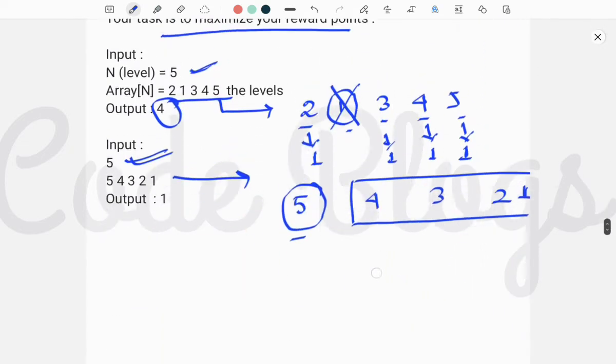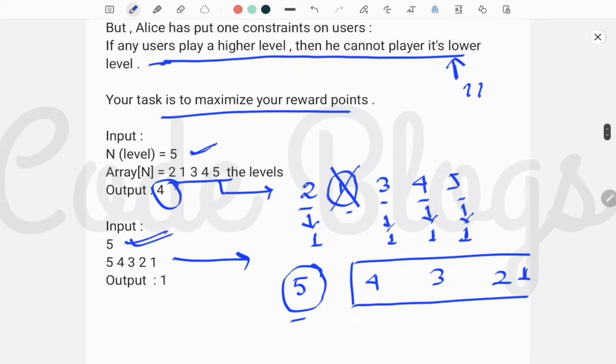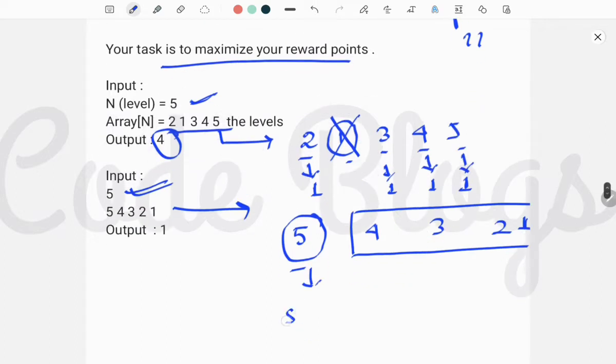So suppose in this example the user skips level 5. Then he can easily play 4 and get 1 point, but after playing 4 he cannot play the lower levels again. In this way the output is 1.